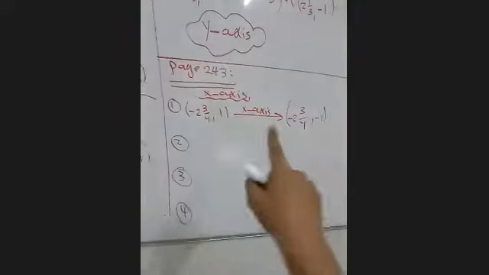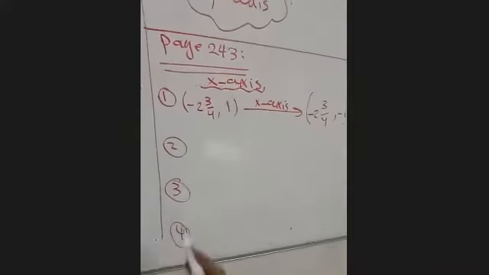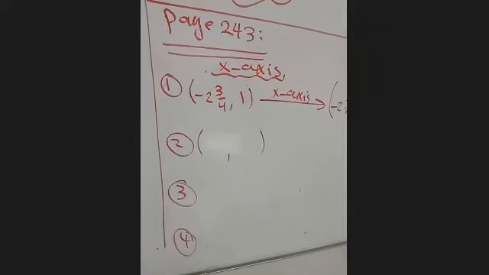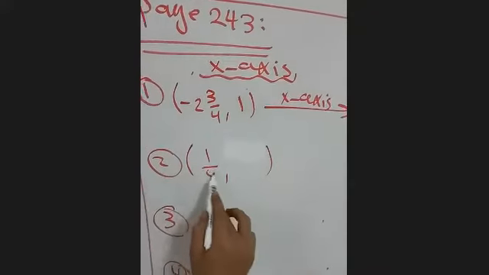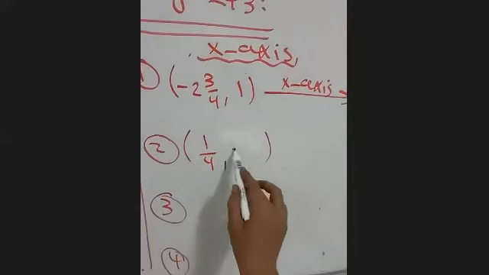Solve this, guys. Question 1, page 243, the homework of yesterday, or check your answer. Question 2. Abdullah, what do we have? 1 and 1 over 4, and minus 1 over 2.